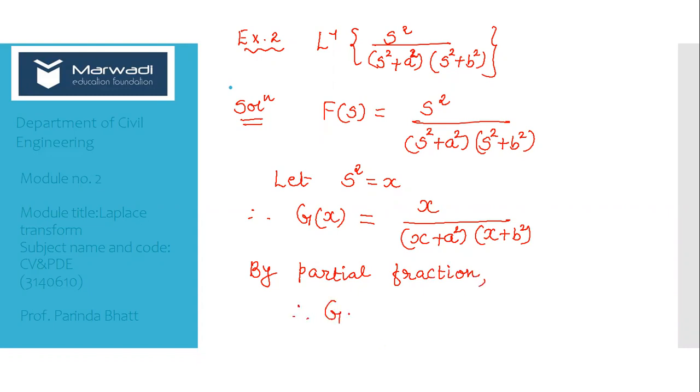Therefore, g of x equals A upon x plus a square plus B upon x plus b square.